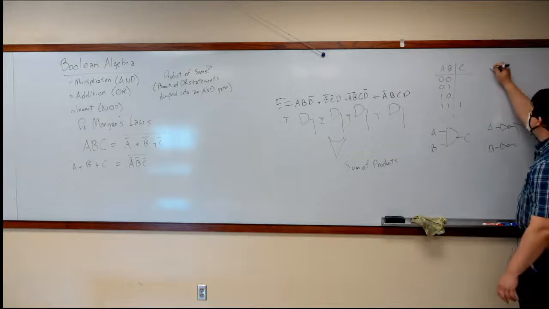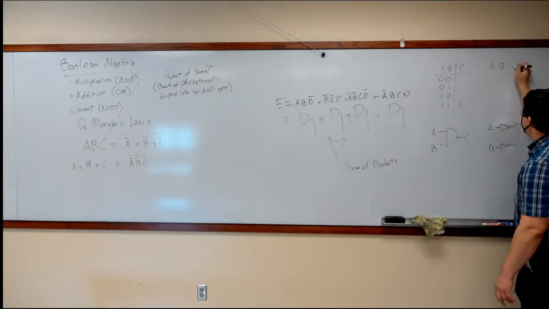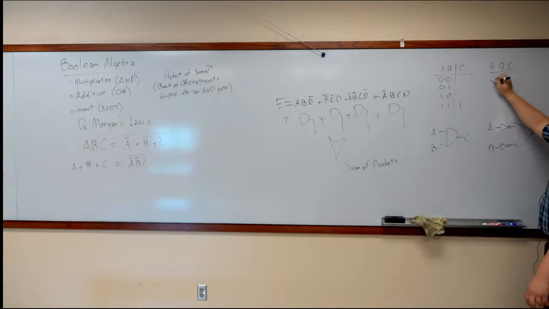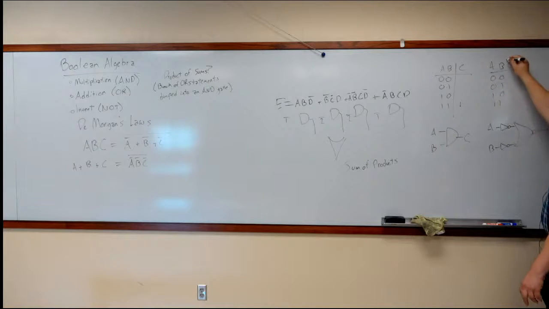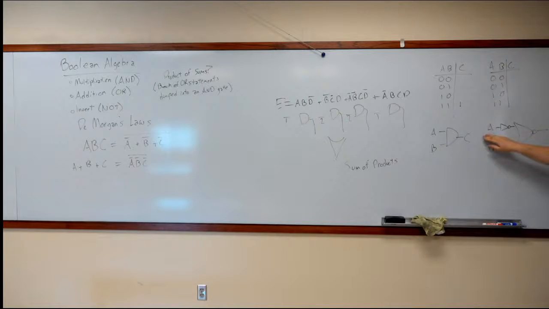All right, so let's draw the truth table for this. A, B, C. Okay, we got 0, 0, 0, 1, 1, 0, 1, 1. Here, if A comes in and A is on, then this is off. If B is on, then this is off.